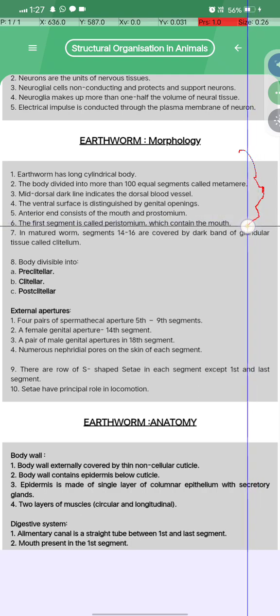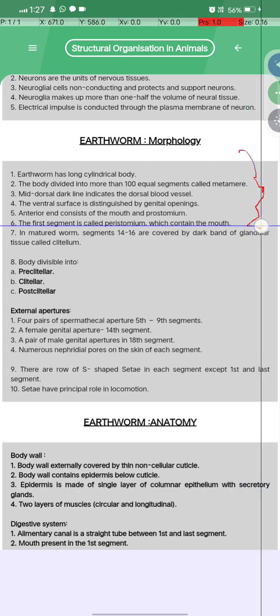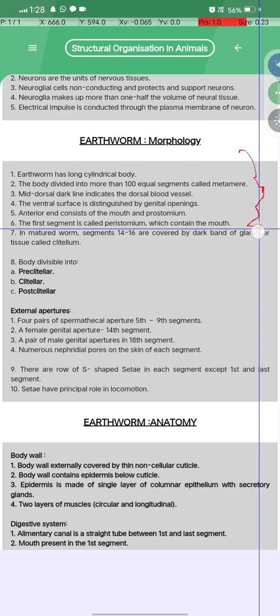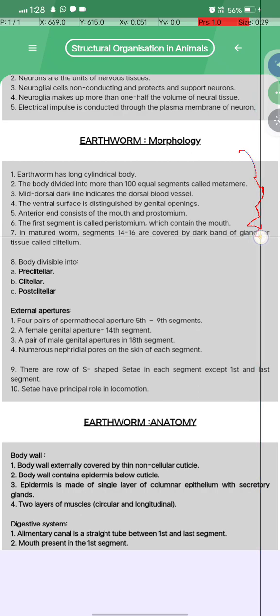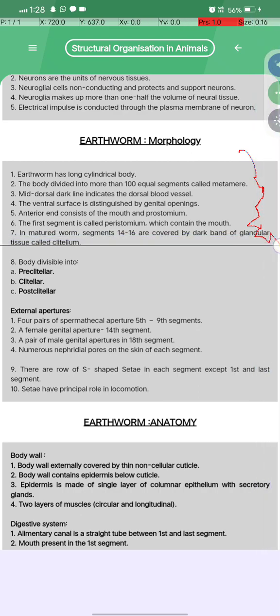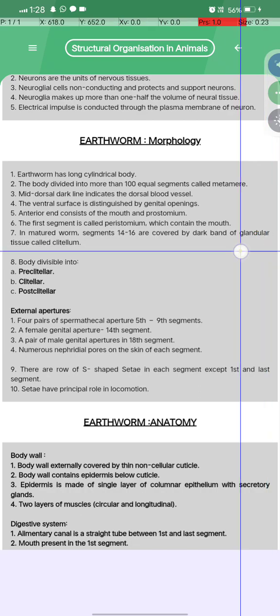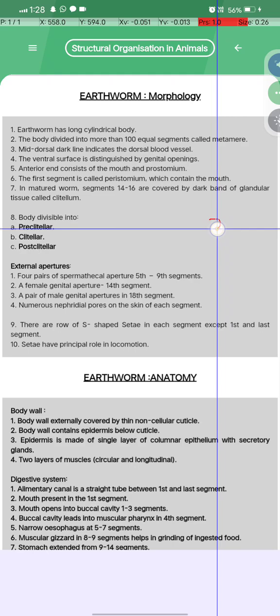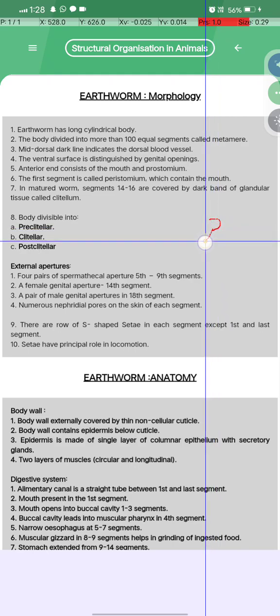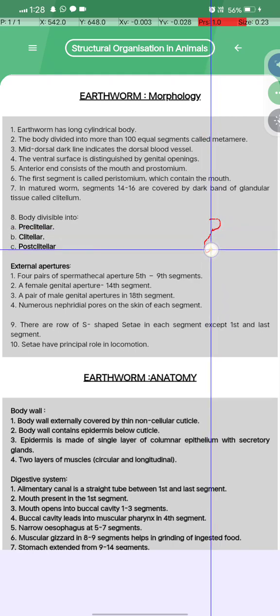The first segment is called the peristomium, which contains the mouth. In a mature worm, segments 14 to 16 are covered by a dark band of glandular tissue called the clitellum. The body is divided into preclitellar, clitellar and postclitellar regions.